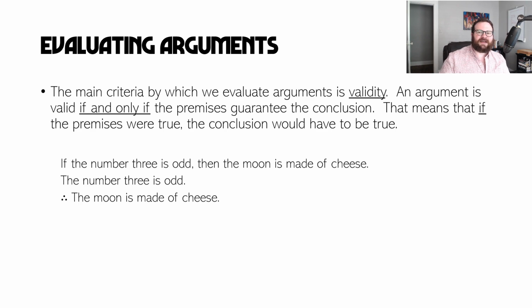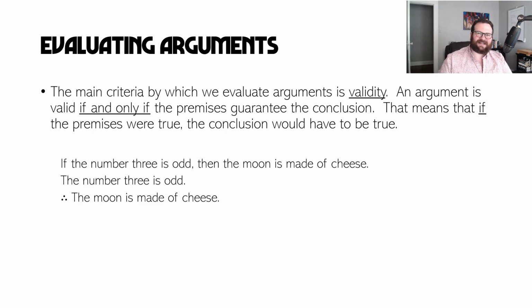Again, validity doesn't care about how true the premises are, right? It doesn't care whether or not the premises are absurd. It doesn't matter. It's about the structure of the argument. So notice in premise 1, yeah, it's a really bizarre thing to say that the number 3 is somehow related to the moon being made of cheese, right?